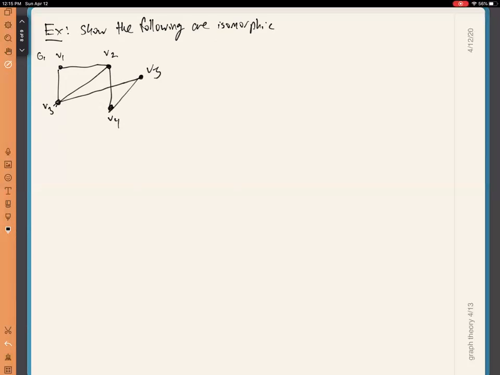So this is G1, and then G2 will be the following graph. Right, so say U1. Right. So this is G1 and this is G2. And so what we want to do is show that they're isomorphic.